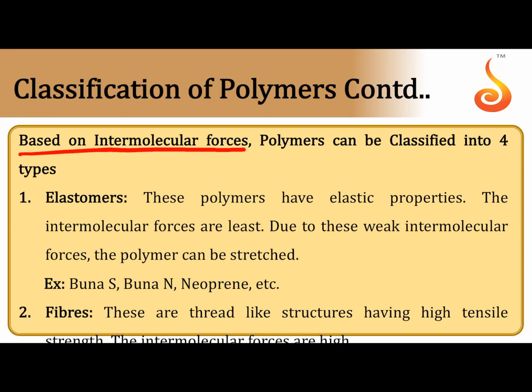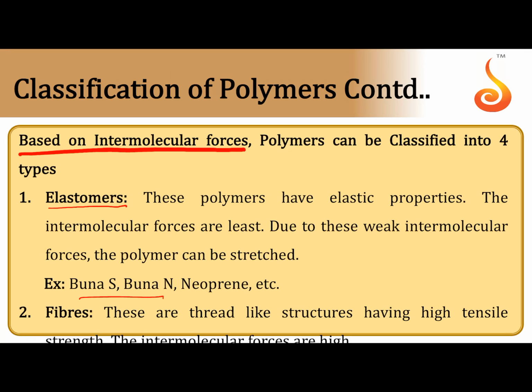Next, based on the intermolecular forces, polymers are classified into elastomers. Weakest forces of attraction are present. When pressure is applied, it will be stretched, and when pressure is removed, it will get its original shape. They are elastomers. Next, fibers. These are thread-like structures having high tensile strength.